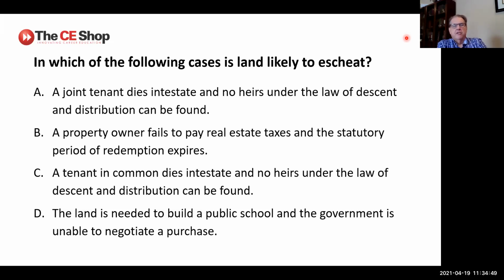A property owner fails to pay real estate taxes and the statutory period of redemption expires. A tenant in common dies intestate. The plot thickens. And no heirs under the law of descent and distribution can be found. The land is needed to build a public school and the government is unable to negotiate a purchase.